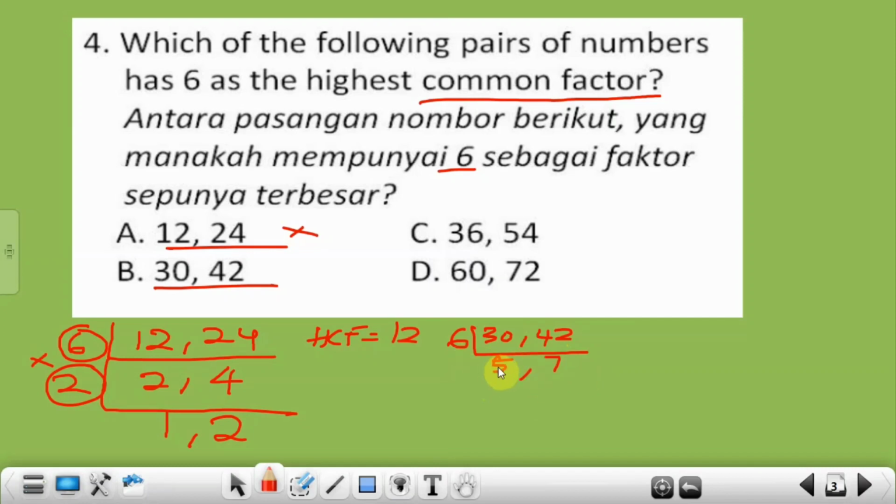This is the simplest that we can divide both of these numbers. So here the HCF is 6. So this is the answer. You can check the other ones, and you will find out that 6 is not the highest common factor of those.